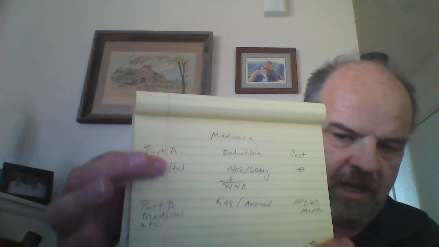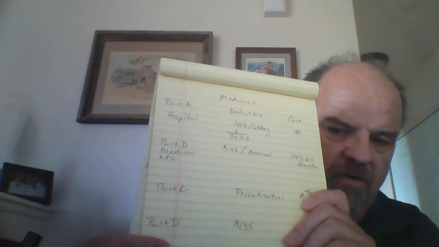Part B, however, is all of your doctoring, pretty much everything else except for drugs that has to do with health care. So under the next column, you're going to write Part B, and these columns, as you can see, I've made them all Part A, B, C, D, right down the row here.